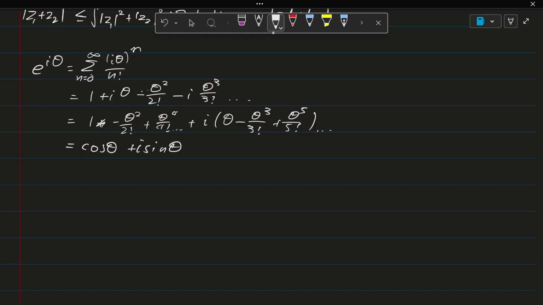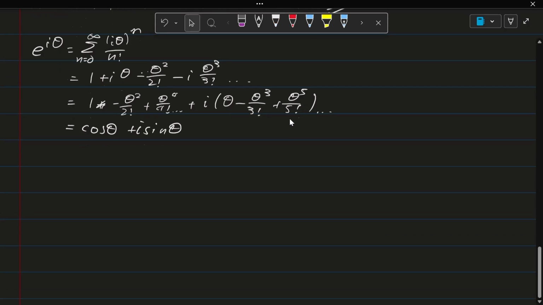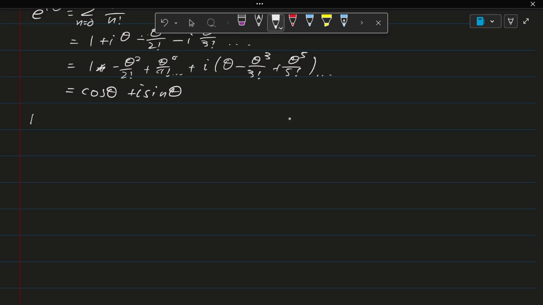This is something that I want you to remember because this is a very useful tool to express complex numbers. So the tool is something like this: r times e to the power of i theta is just r cosine theta plus r sine theta times i. This property is very useful because when we express this in the Cartesian plane, we could just express the length as well as the angle theta.